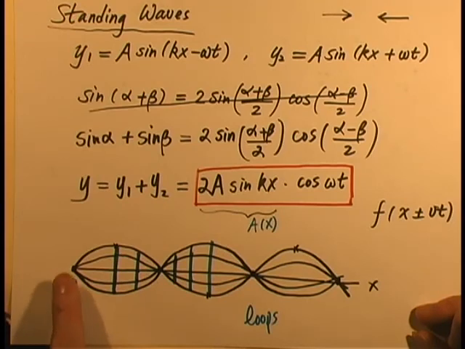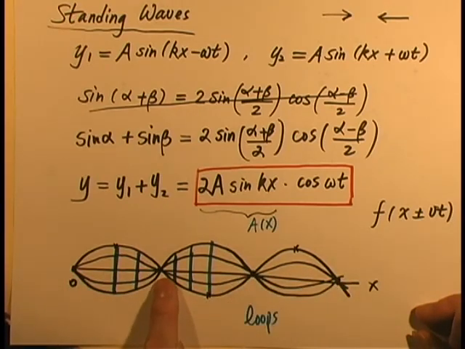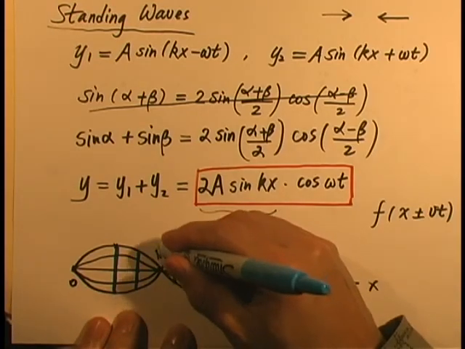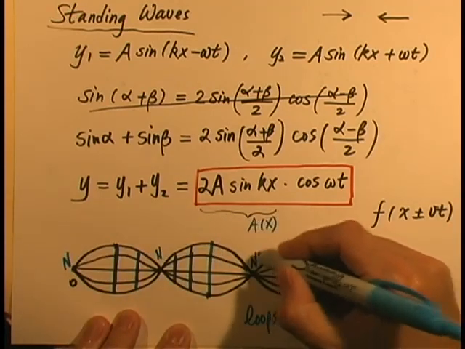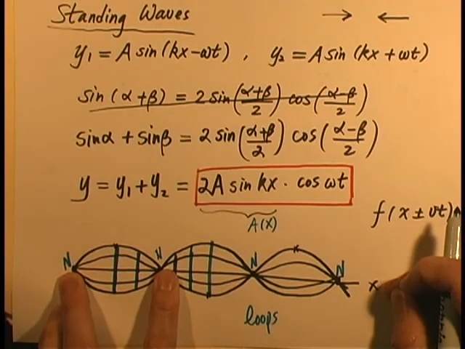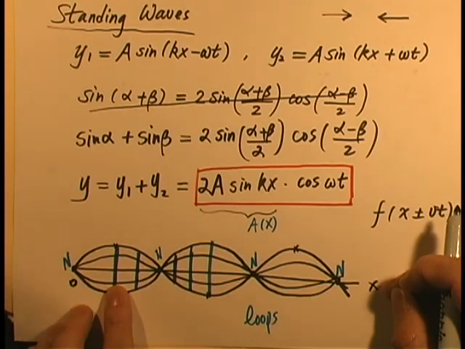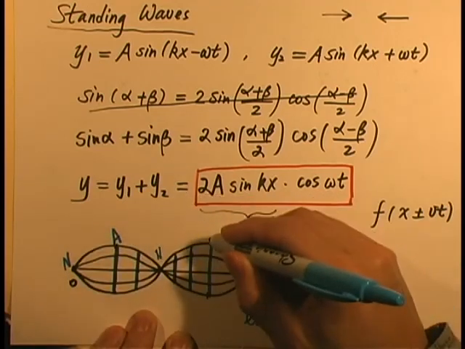Those locations are fixed. They do not change over time. The end of each loop is where there is no oscillation. We call it a node, or N. Here is a node. Here's a node. Here's a node. Here's a node. Right in between the two nodes, right in the middle, you have the greatest amplitude of oscillation. That's an antinode, or A. Antinode.